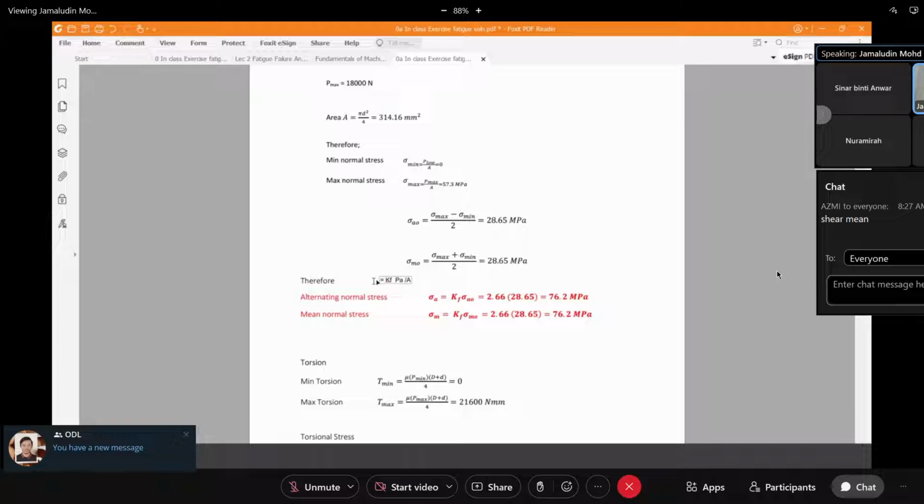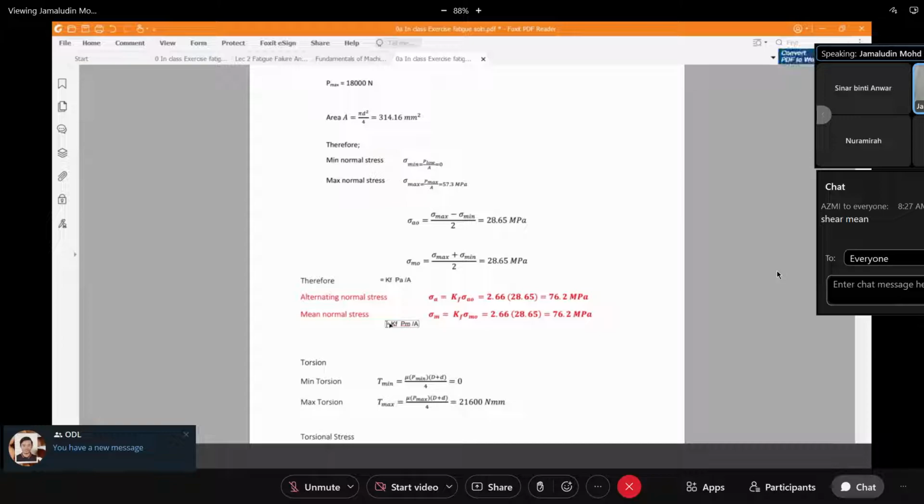You should get the same value. The PA alternating will be 9 because 9 is the same value here. The mean will be equal to KF, the same KF, it doesn't matter if it's alternating or mean, times the mean load divided by A. The same thing. You get the same. I just want to show that there is a possible way to look at the solution differently.